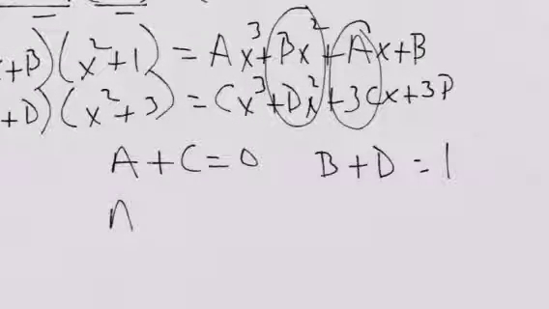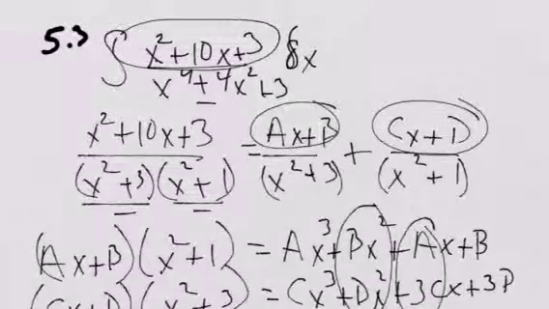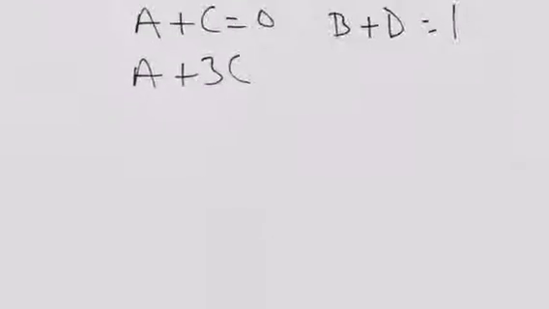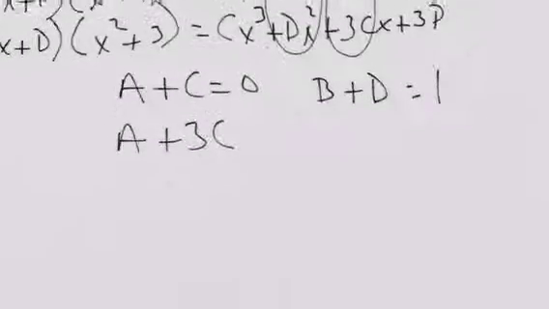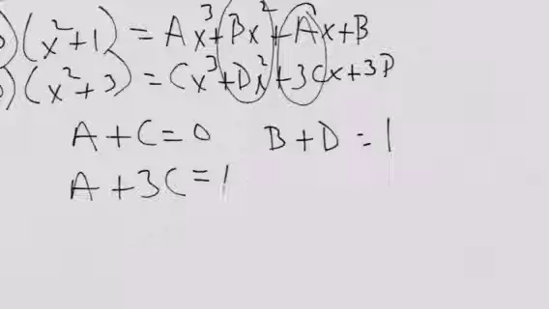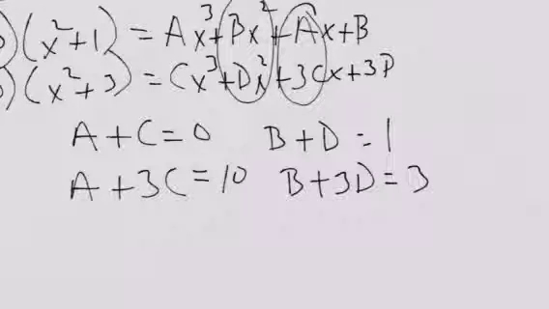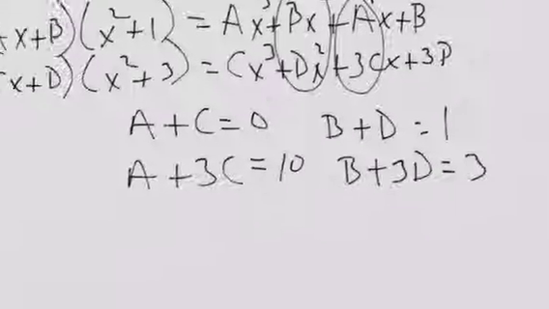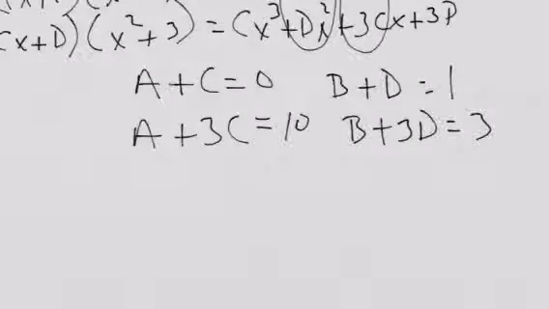Then I have a plus 3c, which was my coefficient for my x term, the 10. And then b plus 3d was my constant, and that was 3. So now, solving the system of equations, we should be able to figure out what a, c, b, and d are.